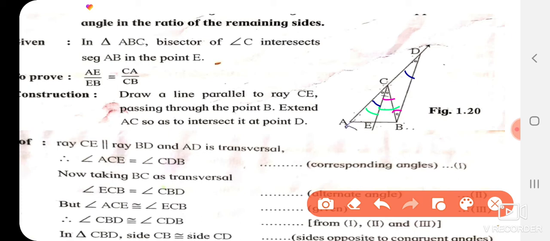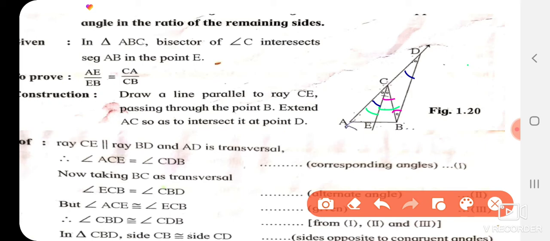Then for the same parallel lines, we have taken CB as the transversal and we have marked the alternate angles ECB and CBD, which I have marked in pink. Then in triangle ACB, we have CE as the bisector, and we have marked the congruent angles with green.